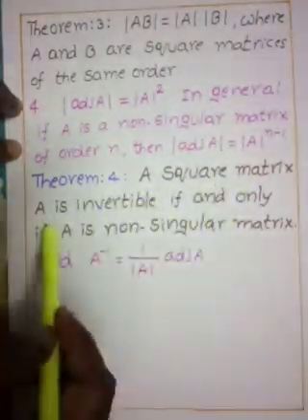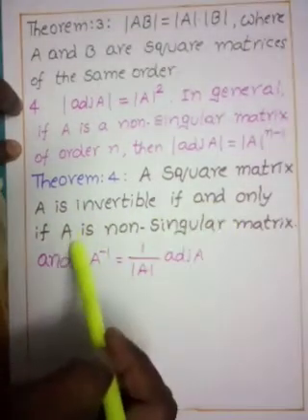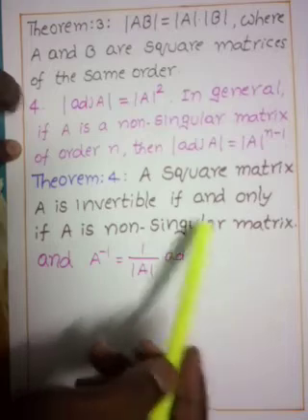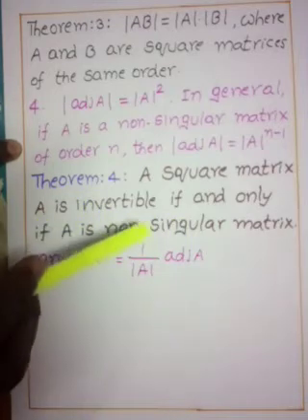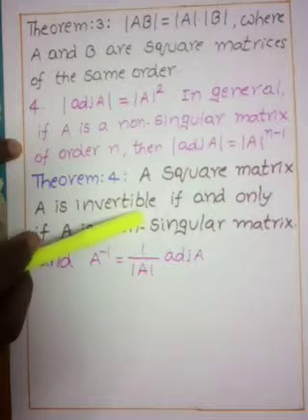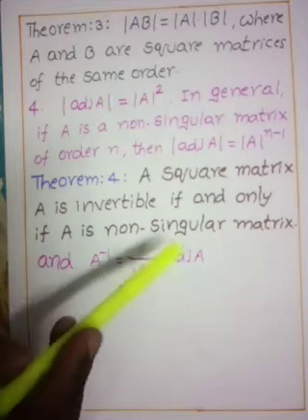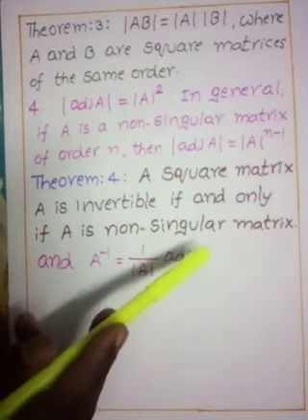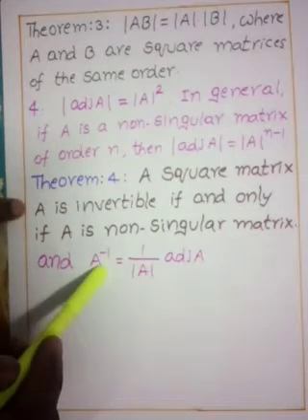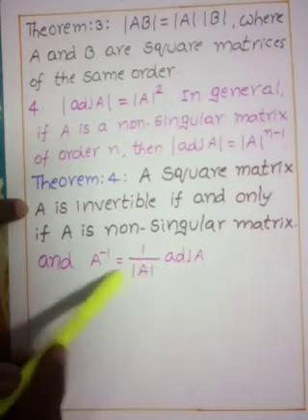Now come to theorem number 4. A square matrix A is invertible if and only if A is a non-singular matrix, and A inverse is equal to 1 by det A into adjoint A. Remember, this is a formula.